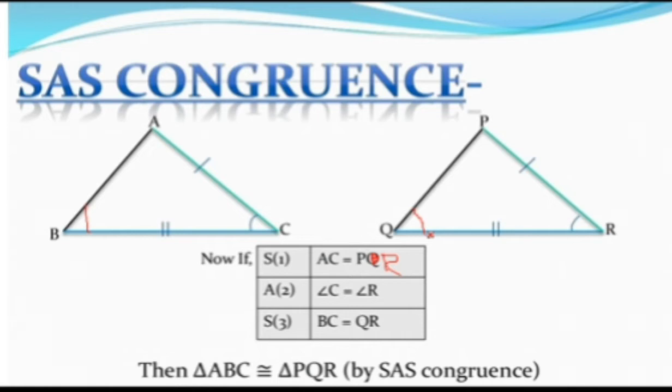They can be or cannot be, but we can't say these triangles are congruent because these angles are not included between the same sides. So the condition is that the angle must be included between the same sides. Then this criterion is called SAS congruence, and we write triangle ABC congruent to triangle PQR.